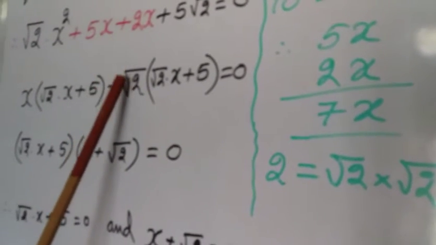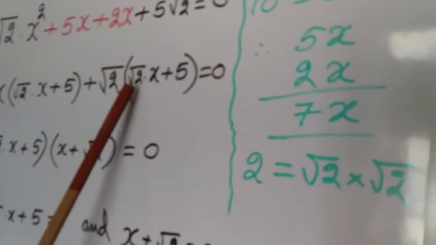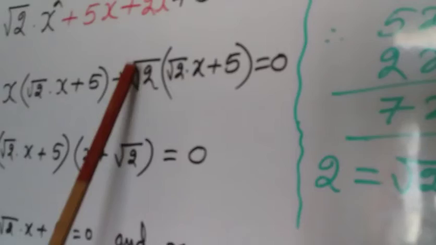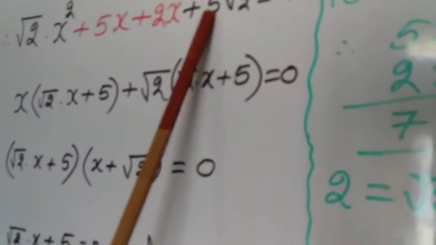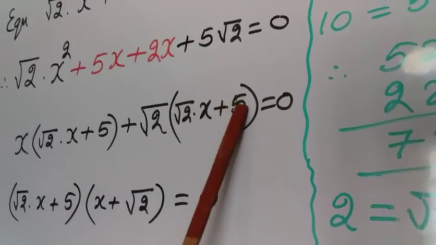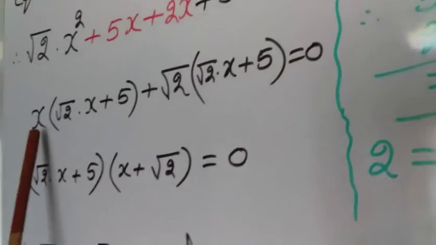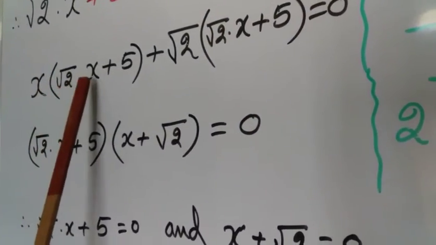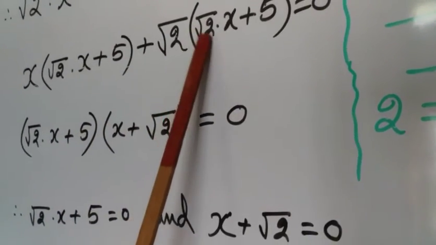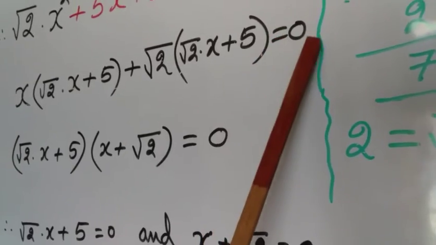Divide one root 2 by root 2, another root 2 remains, that is root 2, and x is there. Plus divided by plus is plus. Divide this 5 root 2 by root 2, this gives 5. Therefore, x into (root 2 x plus 5) plus root 2 into (root 2 x plus 5) equal to 0.